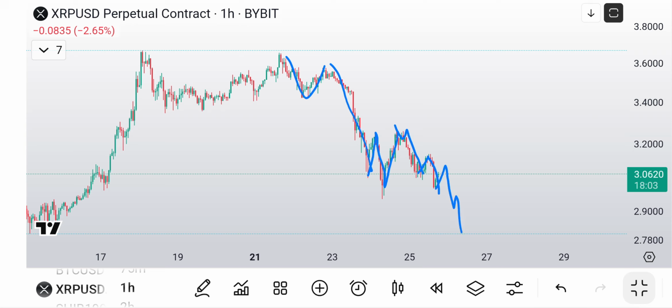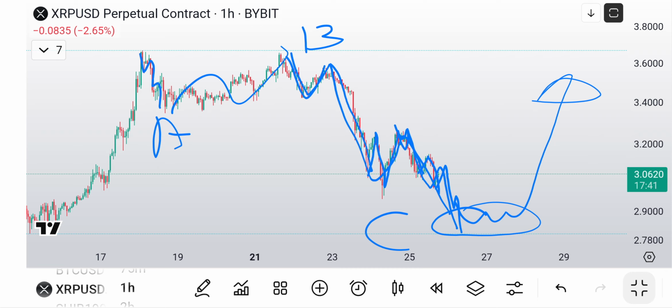So it could come down like this, 1, 2, 3, 4, 5, and break down a little bit further. And then you would have 1, 2, 3, 4, 5 for A. You come up like this, there's your B. 1, 2, 3, 4, 5 extended C, and then go up. Right?